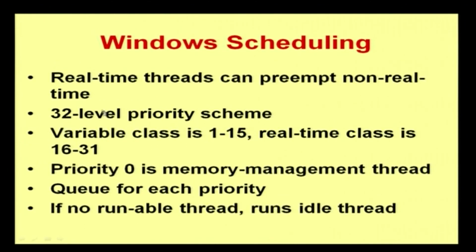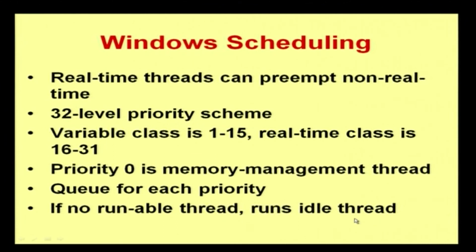In Windows scheduling, real-time threads can preempt non-real-time threads. It is a 32 level priority scheme. The variable class is from 1 to 15 and the real-time class is from 16 to 31. If there is no runnable thread, then it runs an idle thread.